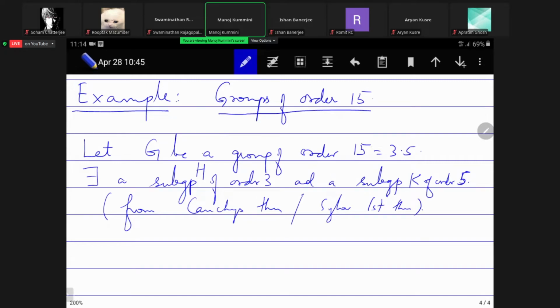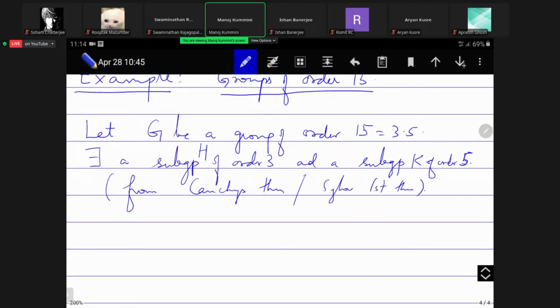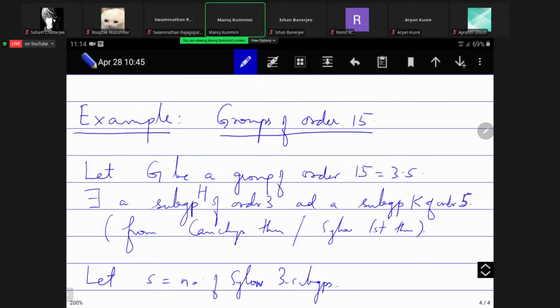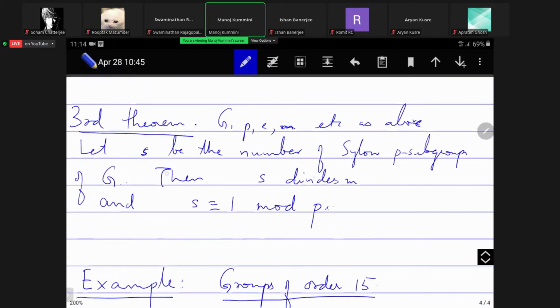Okay. So now, how many such H's are there? I mean, groups of order 3. So let S be the number of Sylow 3 subgroups. Then by the third theorem, S should divide the index, which is 5, and S should be 1 mod p.